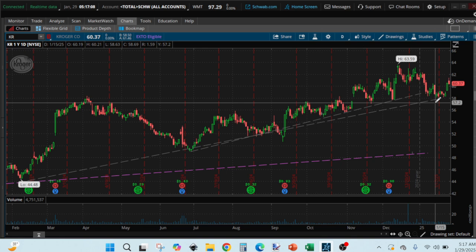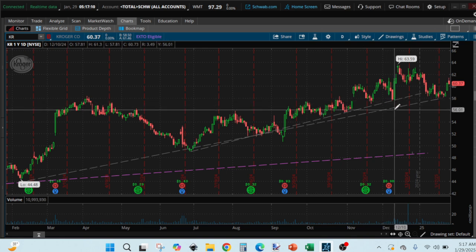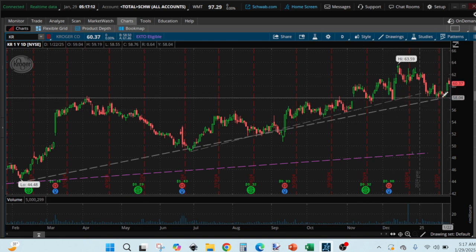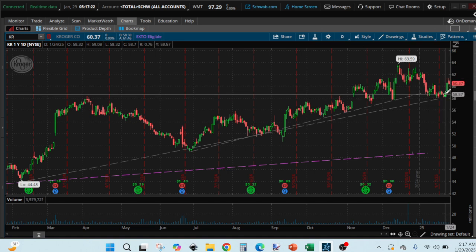Yes, this trend line is long, but it will be a short trade. It will be a short trade.